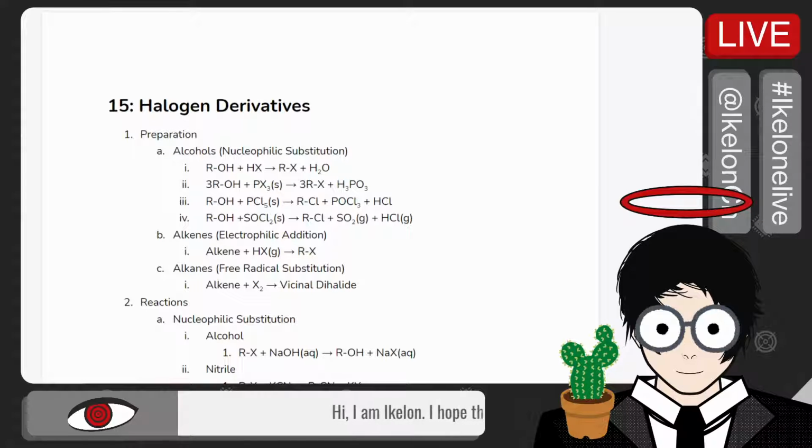I don't think they are numbered according to any international standard. It's probably just for ease of studying, so halogen derivatives may not be chapter 15 at all in your school, but this is how my school labeled it.